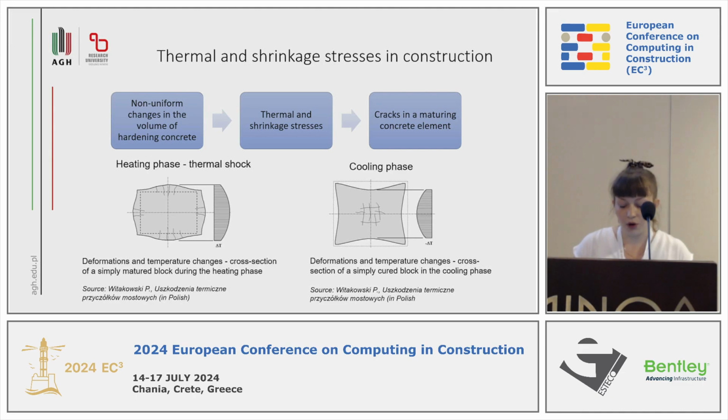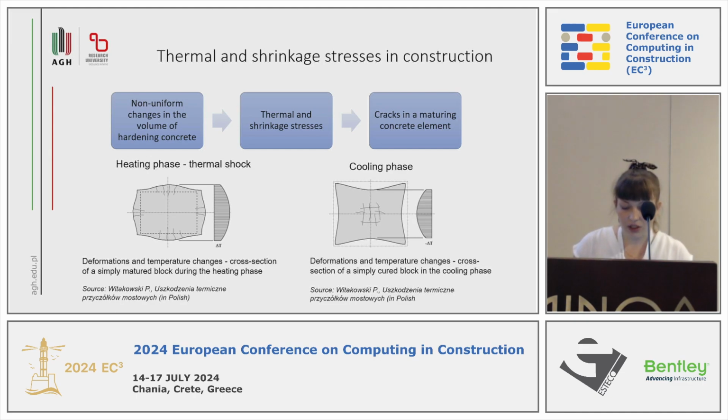And one of the main problems in the technology of massive elements is the fact that, as a result of the ongoing cement hydration process, the temperature inside the element rises to the maximum and then falls to the same temperature as the surroundings, causing the occurrence of tensile stress exceeding the strength of the young concrete. At the same time, shrinkage effects occur, resulting in cracking of the maturing element.